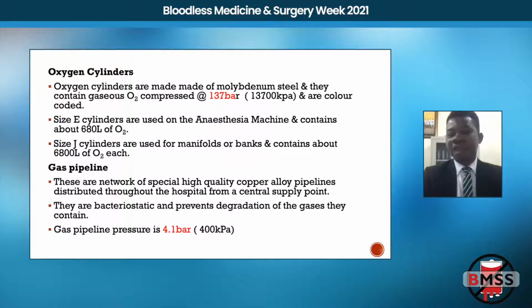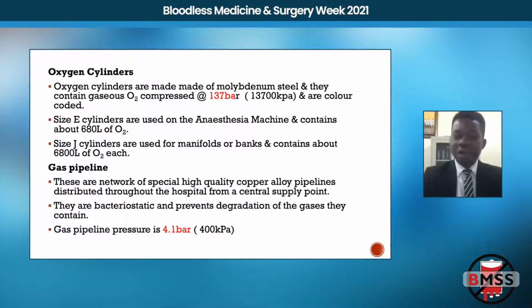Every country has its own color coding for oxygen cylinders, helping us to differentiate them from other cylinders. And there are lots of oxygen cylinders. We have the size E cylinder, which we usually attach to an anesthesia machine.